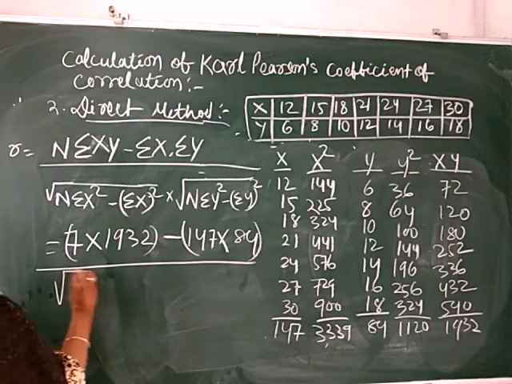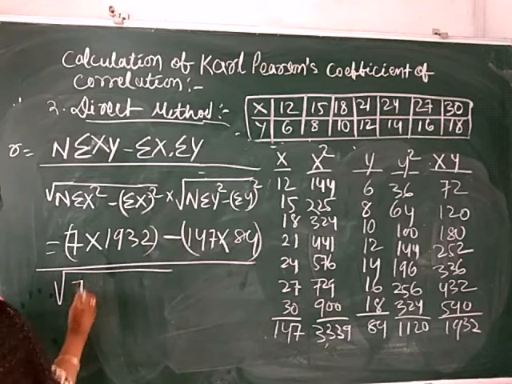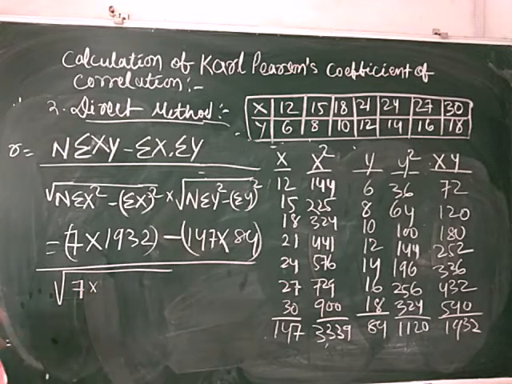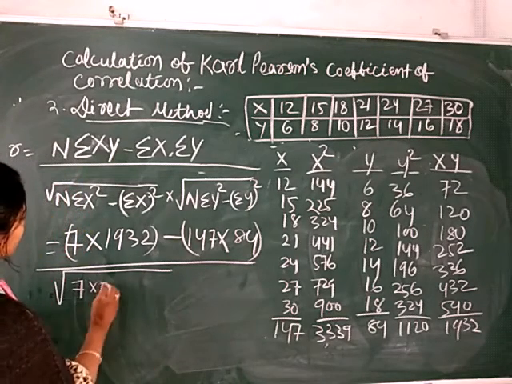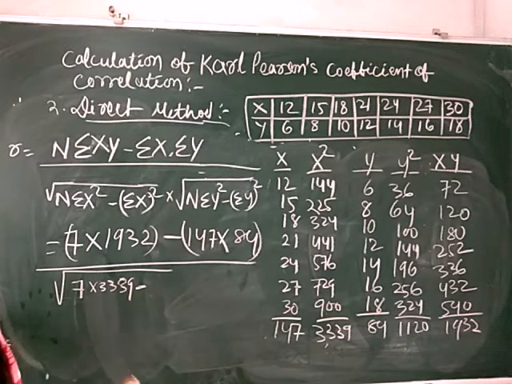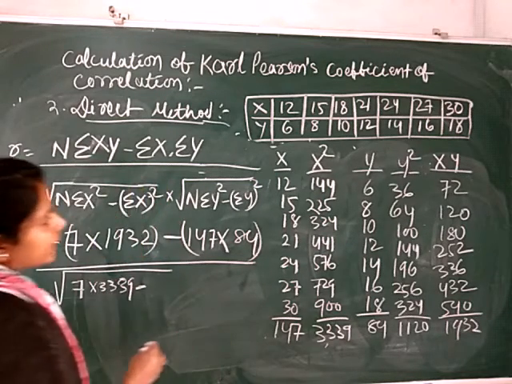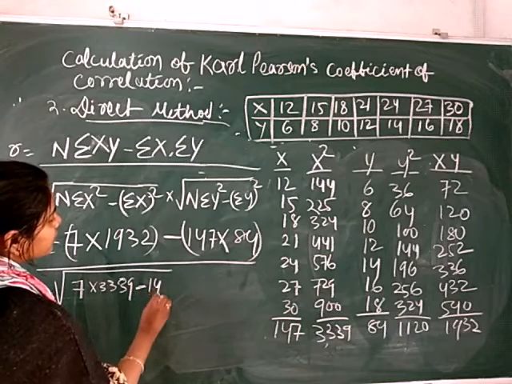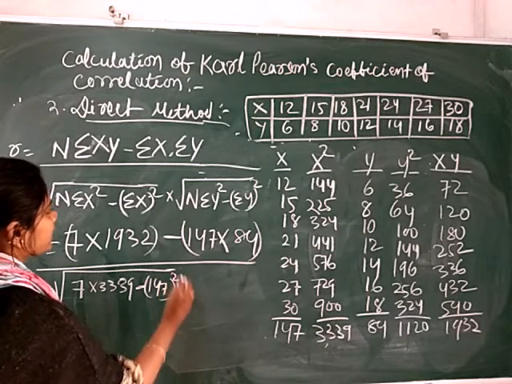Then square root of n, this is 7, into summation of x square, 3339, minus whole square of summation of x, 147.